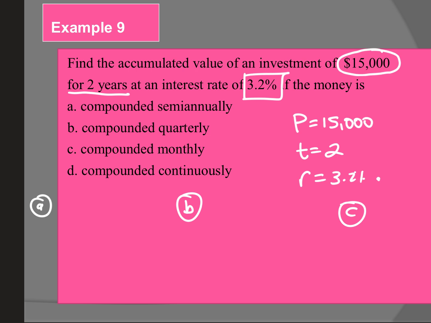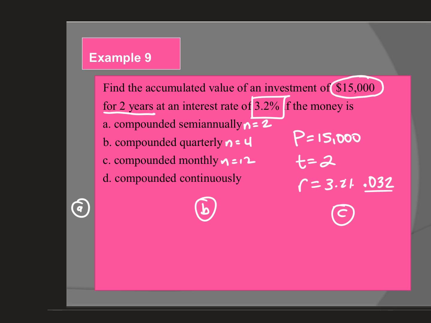That's going to be 0.032. Perfect. So I have the P, the T, the R, and then I look at each question individually for the N. So I'm going to use what number for letter A? 2. What number for B? 4. What number for C? Perfect.